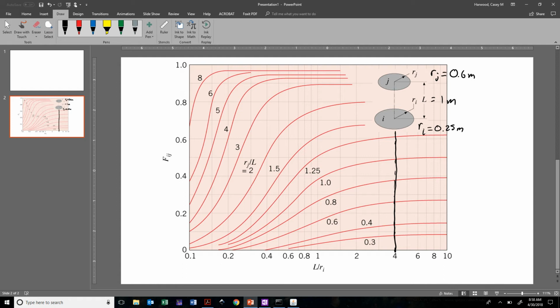So we're looking for the 0.6, which is this curve right here. And so we're going to get this intersection right about this point, which gives us a view factor of approximately, it's right around here. I'd say this is around 0.26, roughly.